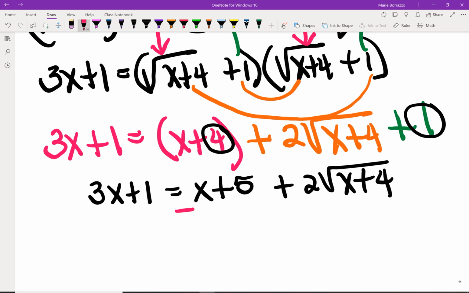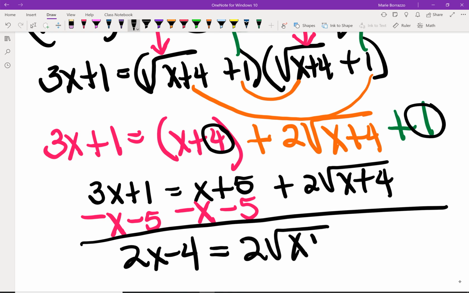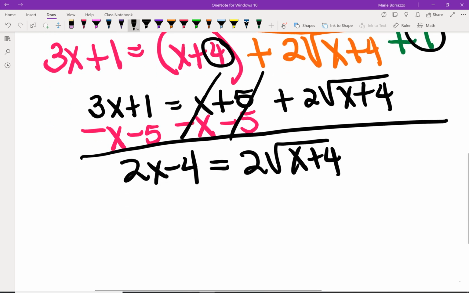I'm now going to subtract the x and subtract the 5 on both sides, just like that. And now I'm left with simply 2x minus 4 equal to 2 square root x plus 4. Remember, these guys over here are canceling out, respectively.